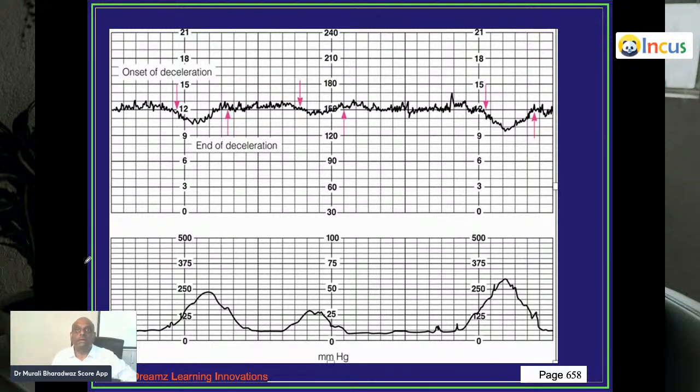So what is this, doctor? There is a uterine contraction, and the deceleration of the heart rate of the fetus also is very close to the uterine contraction. Such a deceleration is called early deceleration.